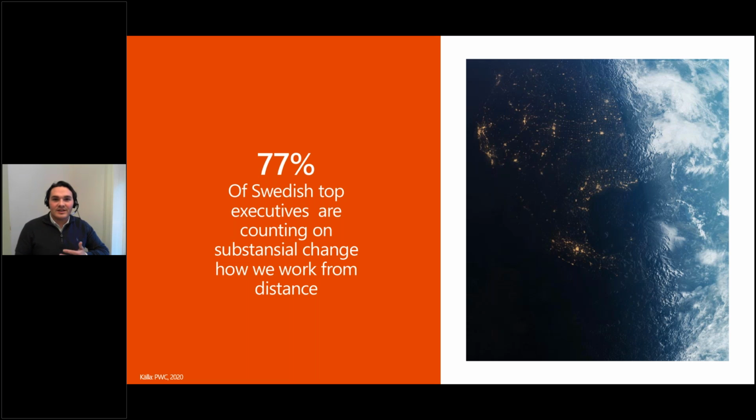This led to a change in the whole mindset of how companies have to operate and how we have to collaborate. As of October 2020, PwC has conducted a study where they concluded that 77% of Swedish top executives are counting on a permanent change in the way that we work from a distance.